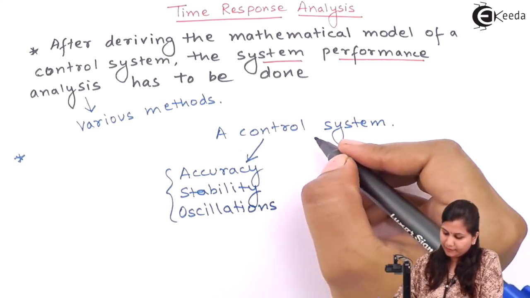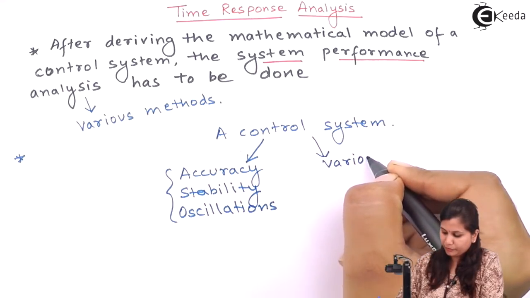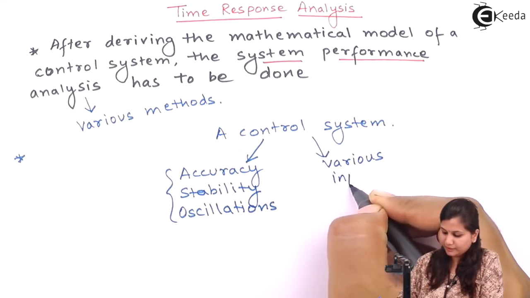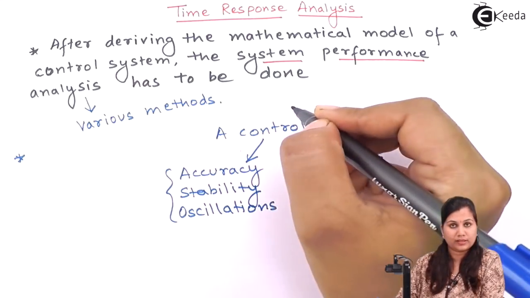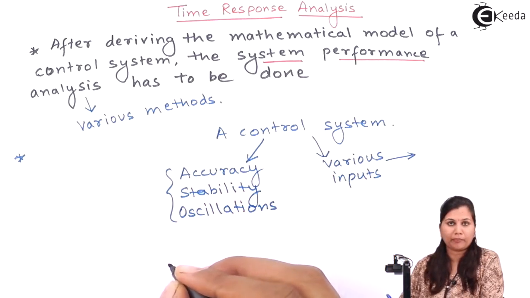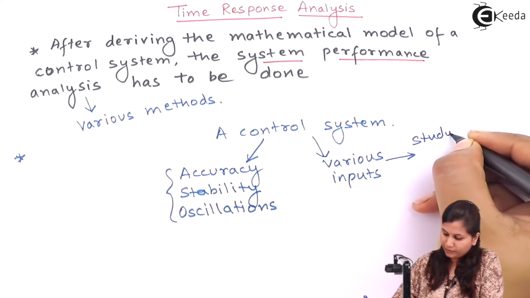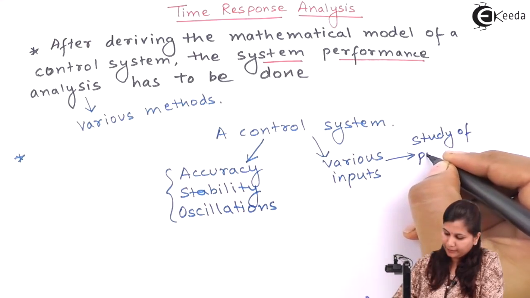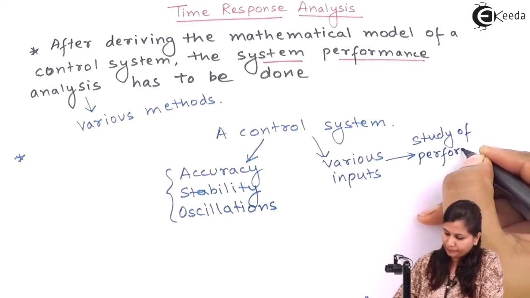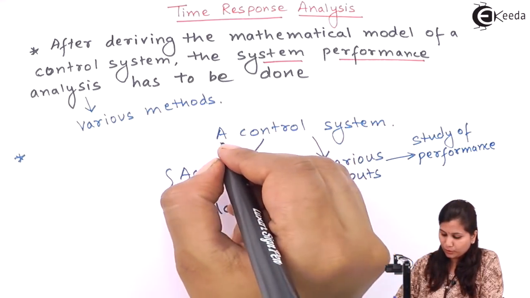Suppose we have various inputs. We will apply various inputs to this control system, and for these various inputs we will study these performance criteria. In this way we can analyze a control system.